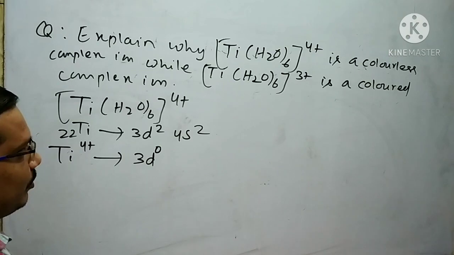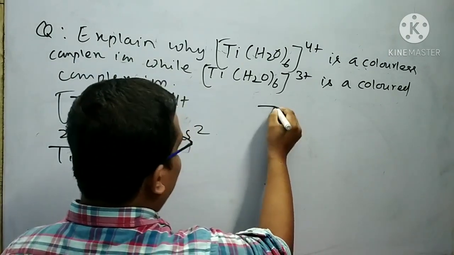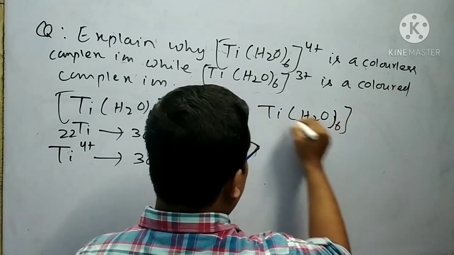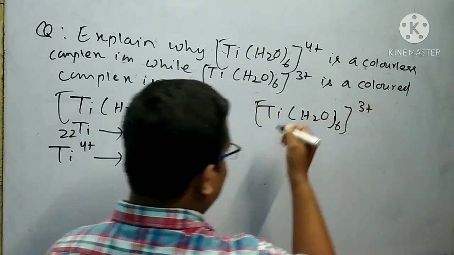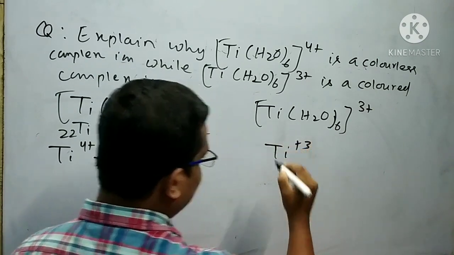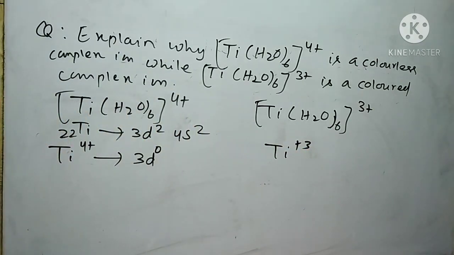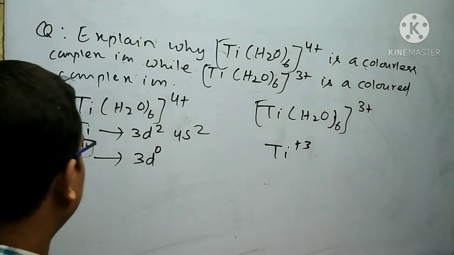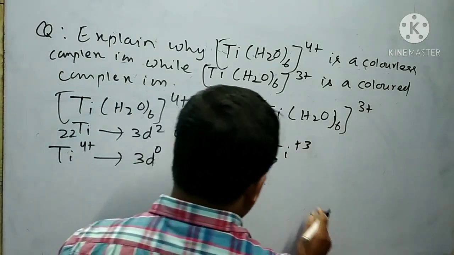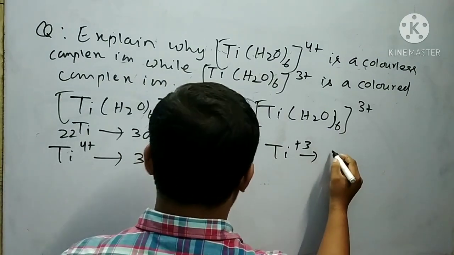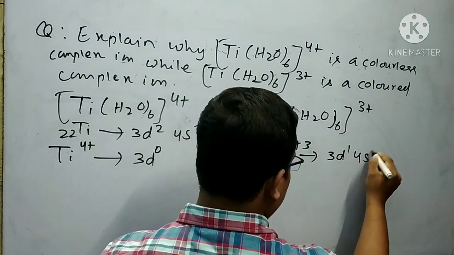On the other hand, if you think about the complex ion [Ti(H2O)6]3+, in this case the titanium exhibits +3 oxidation state. The electronic configuration of titanium is 3d2 4s2. If I want to draw the electronic configuration of Ti3+, then I can write 3d1 4s0.